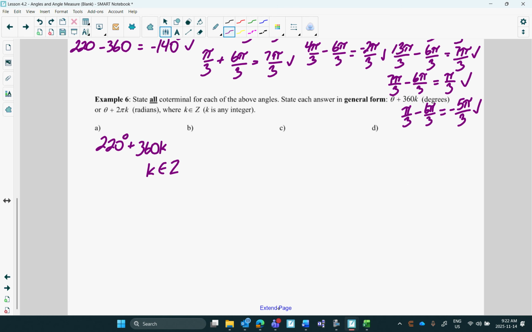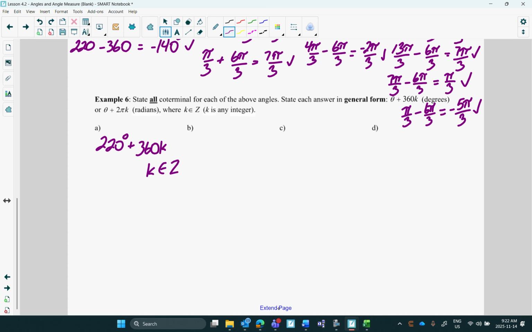That represents all of them. Because if you think about it, how do I find all of the coterminal angles? You keep adding 360 forever, right? Or you keep subtracting 360 forever. Well, if I multiply by 1, that's adding 360. If I multiply by 2, that's adding 2 360s. 3 is 3 360s, and so on, forever.